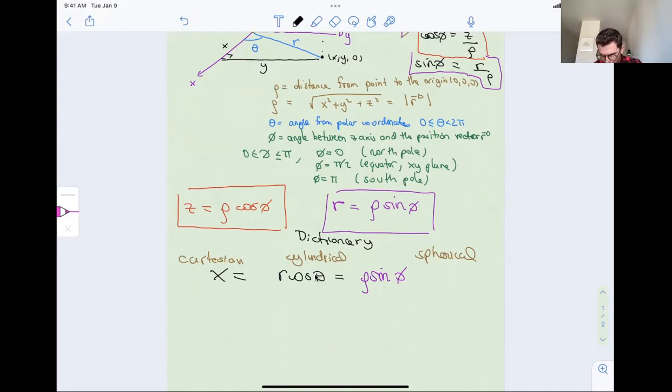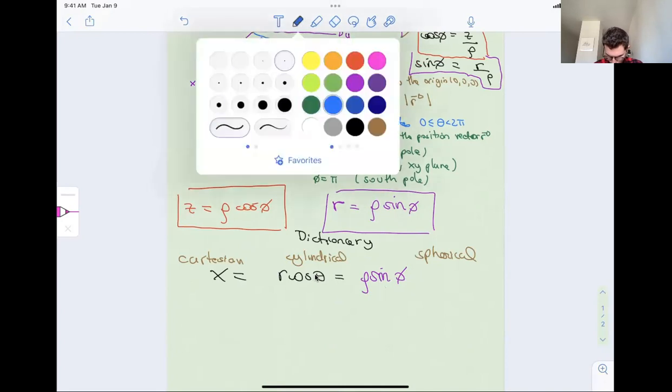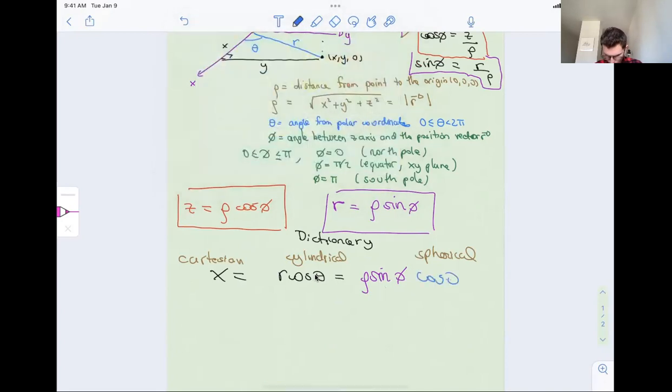So in spherical coordinates, you write x as rho sine of phi cosine of theta. Does that make sense?